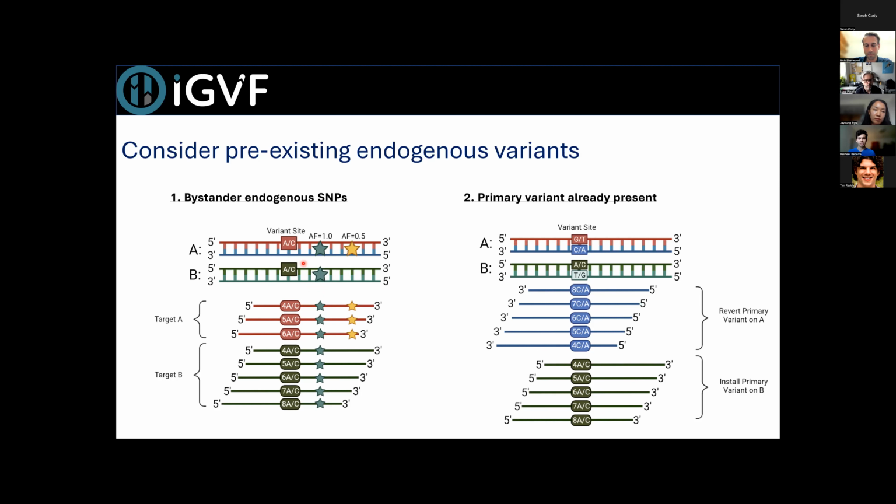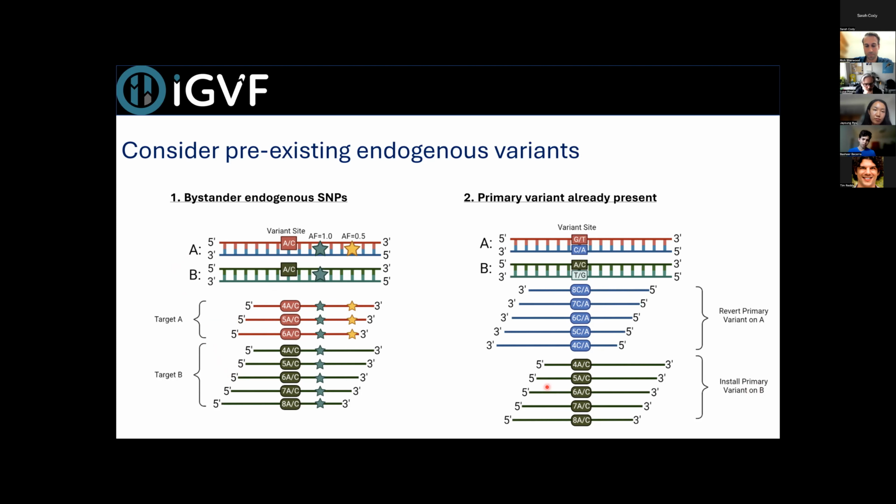So in your tiled guides, you can design guides which update the protospacer sequence based off the neighboring variants. Here I'm showing tiled guides specific to homologous chromosome A, which contains both variants, as well as guides that are specific to homologous chromosome B, which just contains a heterozygous variant.